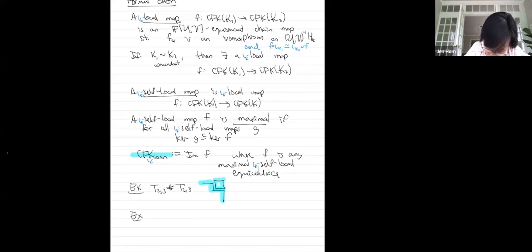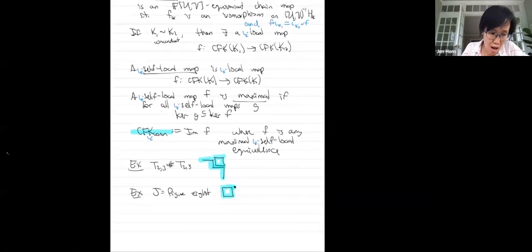You could also look at the figure 8, which was the single generator in this box. And in this example, again, CFK connected is the whole thing because iota k mixes all this stuff up.